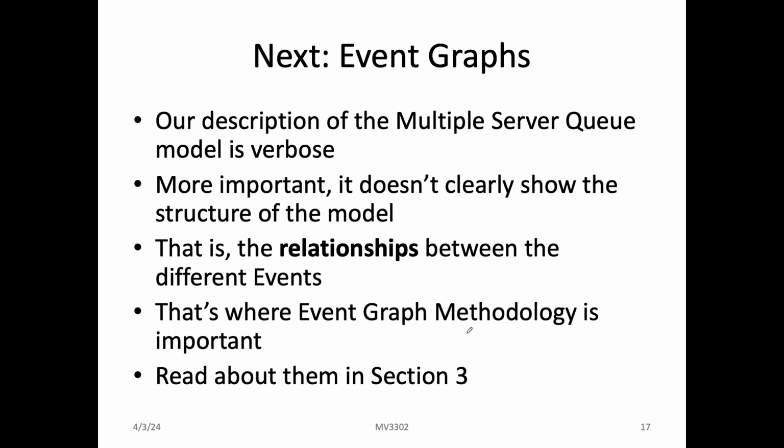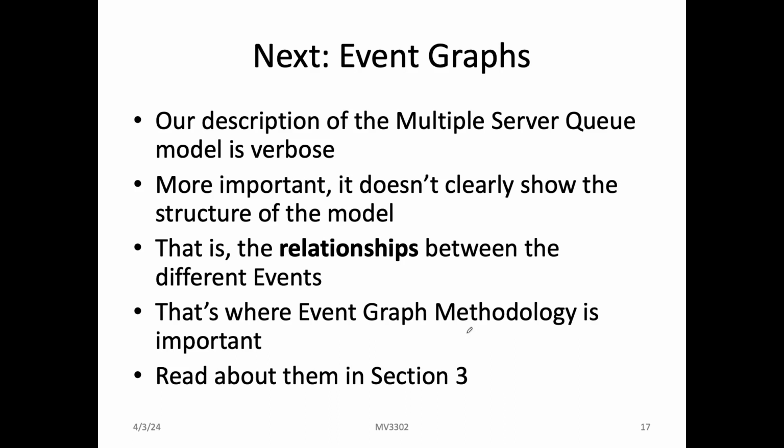More to the point, when we look at all those words, we don't get a sense of what that system is doing. That's where these event graphs come in, because they exploit the fact that the relationship between one event that schedules another event is a directional relationship. And whenever you have such a relationship, you can create a directed graph.